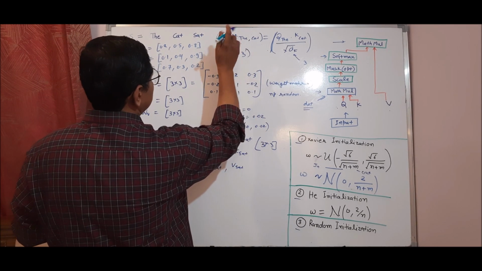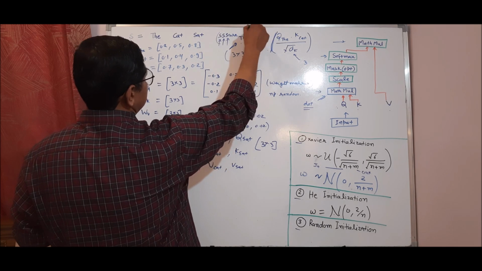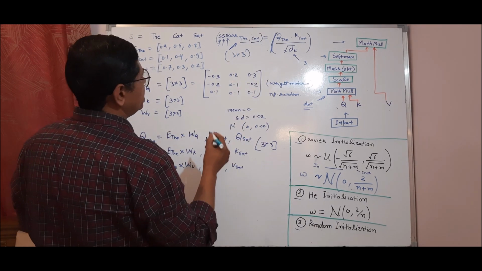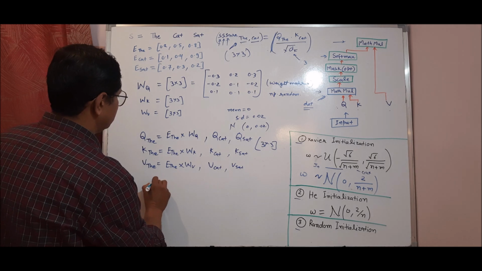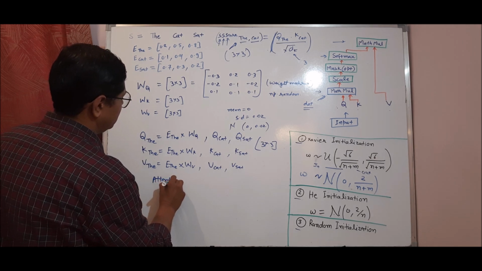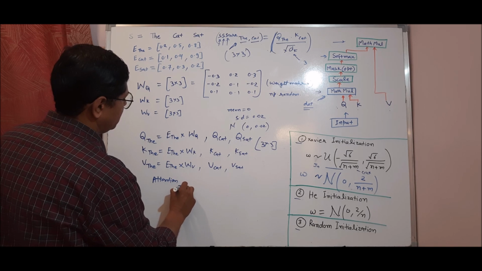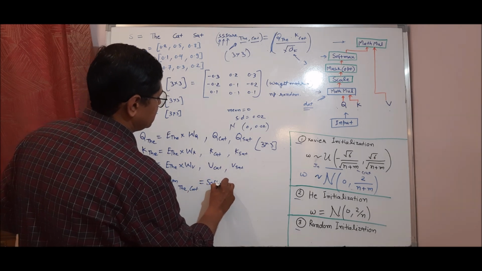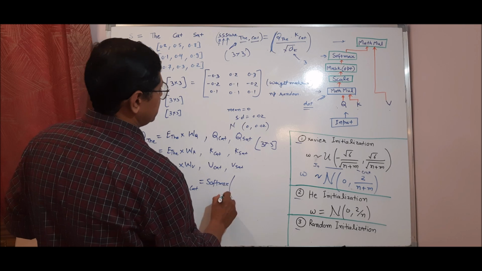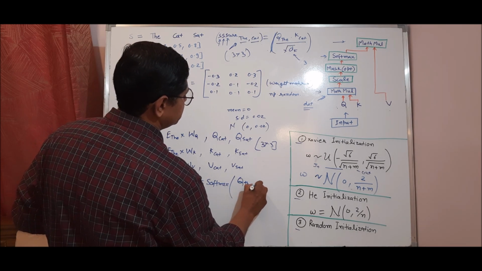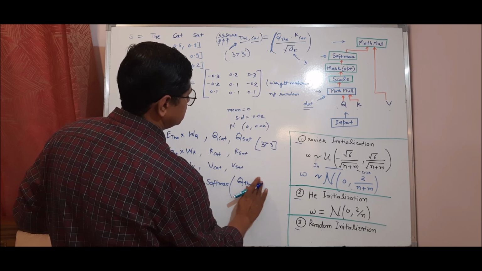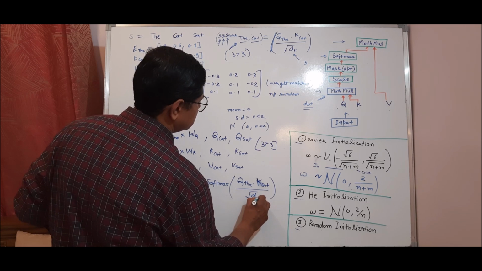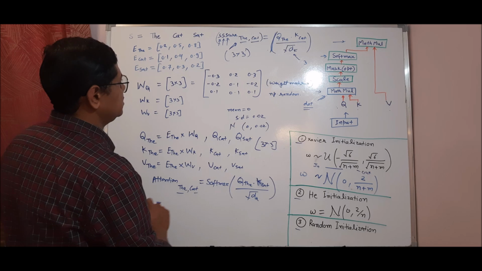Suppose we want to know the attention weight or attention score between the and cat, then for that we will calculate the softmax score between them. This way we can get the attention score.